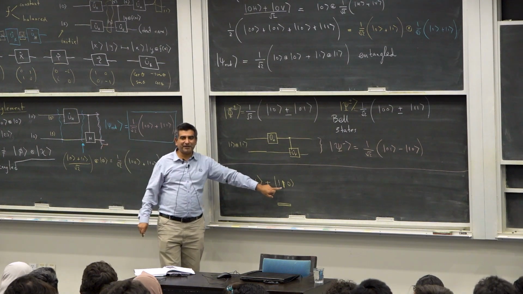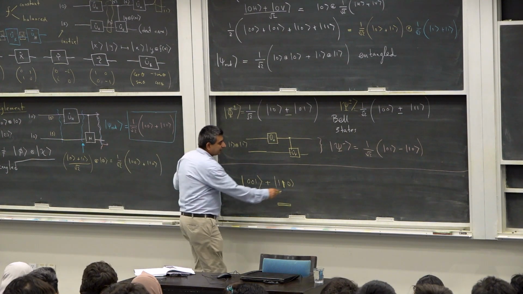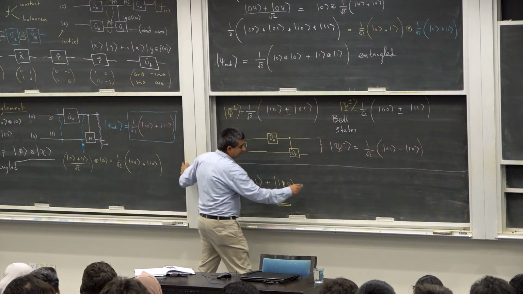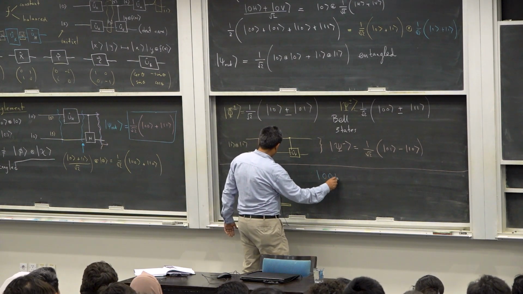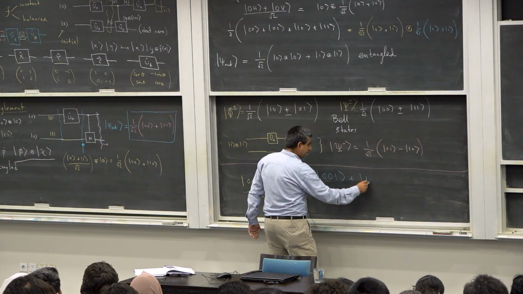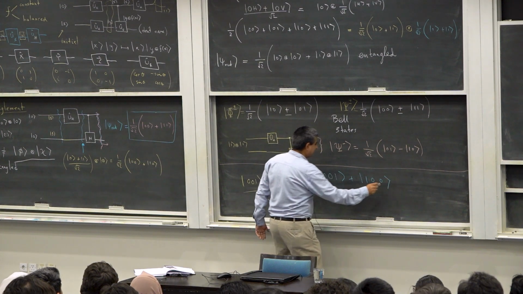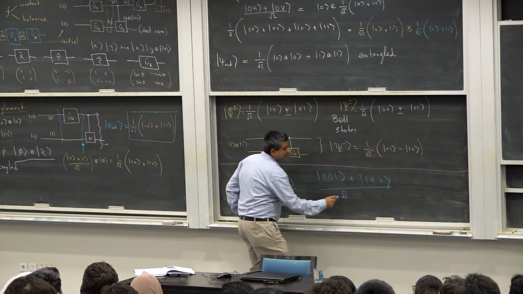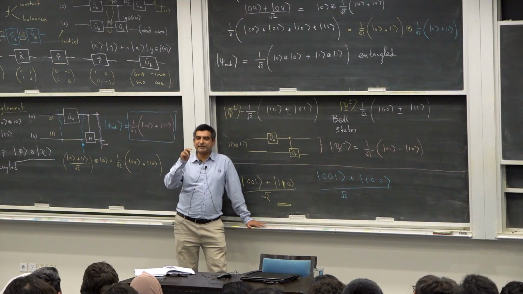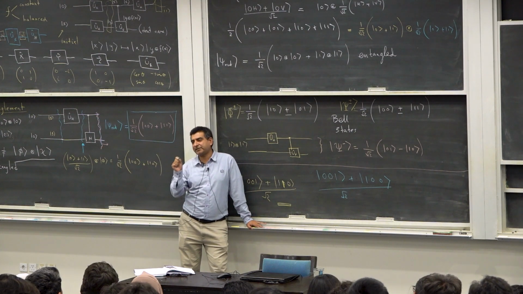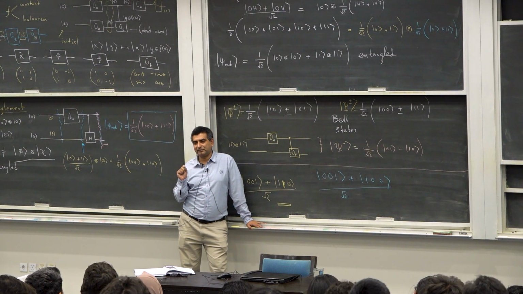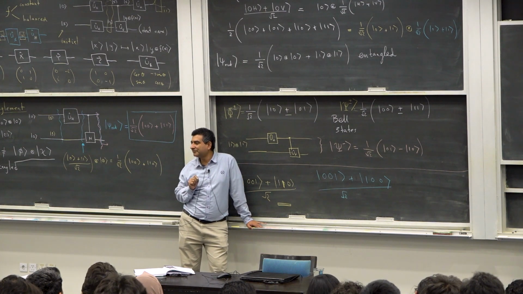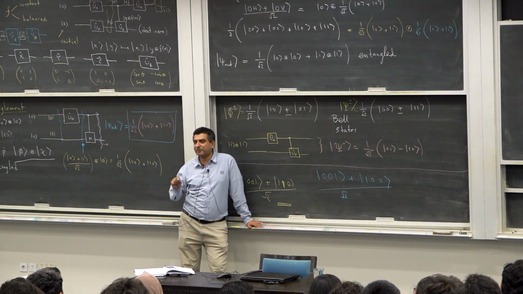By the way, this needs to be normalized as well. If I were to put a 0 here, for example 0 0 1 plus 1 0 0, is this factorizable? If I look at it, the second qubit is always in the state ket 0. So the first and the third qubits are entangled, but they're separable from the second qubit.